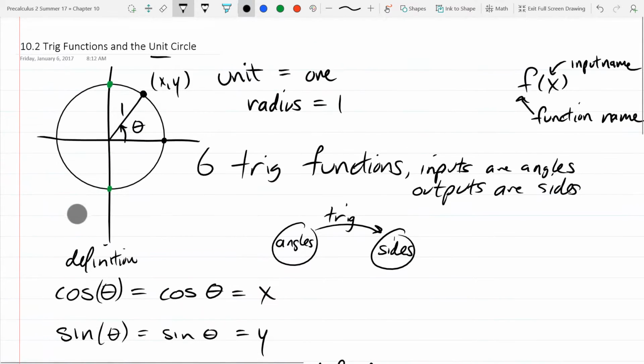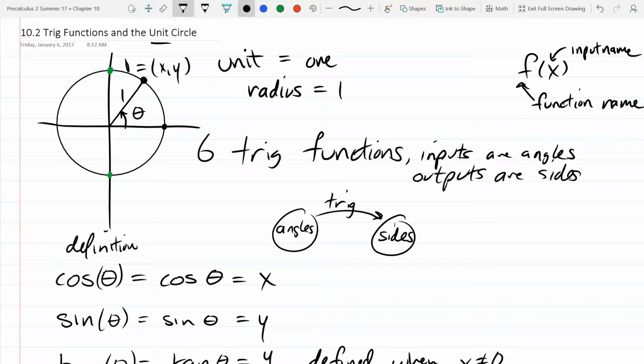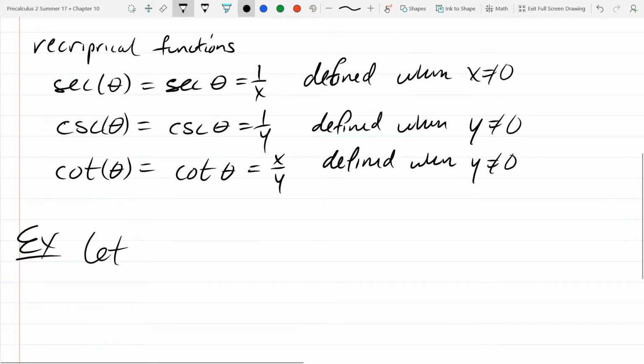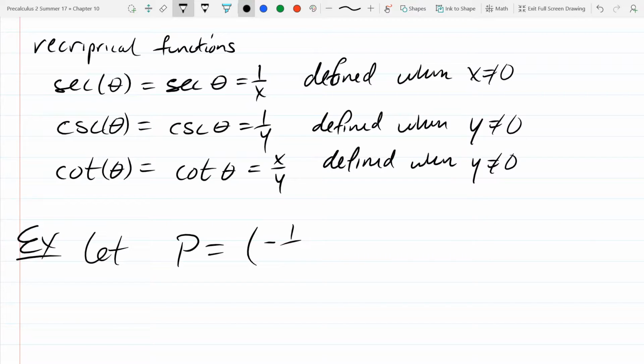And we're very frequently going to call this point P, the letter P for point. You're not going to see many more of this type of problem, but it's a good warm-up.